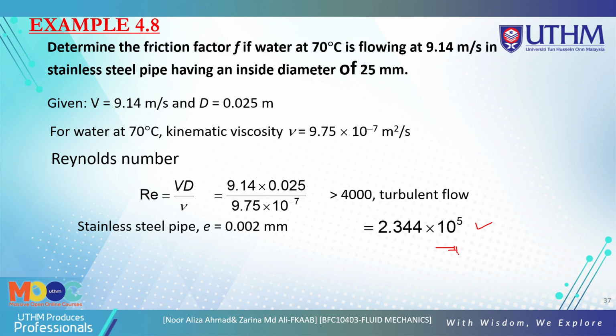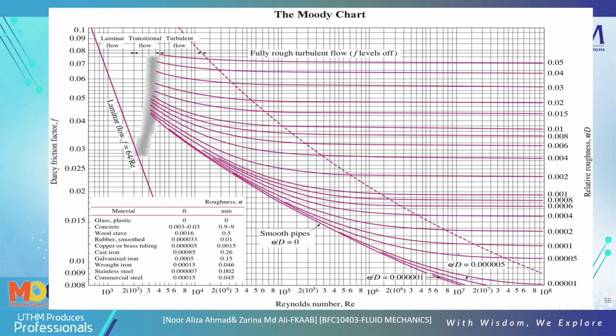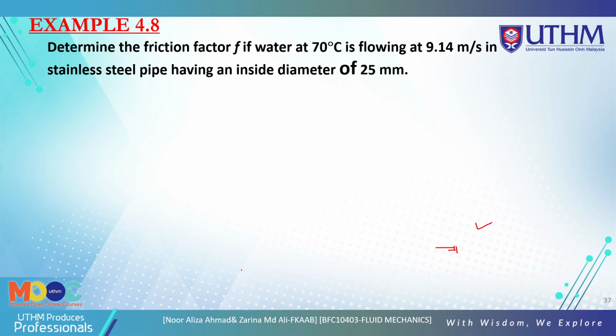For stainless steel pipe, E is 0.002, based on the Moody chart here, so we use this value.